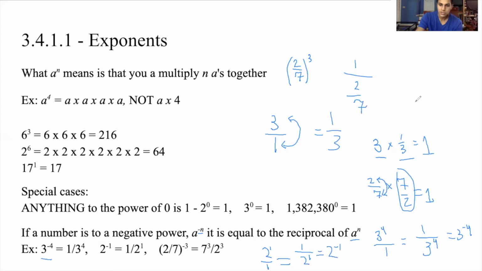So you can do it this way. You can do 1 divided by whatever number. But you could also just switch the numerator and denominator. So 7 over 2 would be my reciprocal of 2 over 7. And then that's to the power of 3, because remember, it's still to the power of 3. So 7 over 2 to the power of 3 is equal to 2/7 to the power of negative 3.